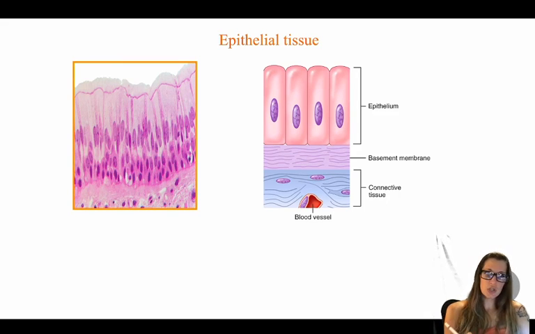And the structure of the epithelial tissue is such that there's this outer part right here, the epithelium. And the epithelium faces, I think you could think of it as out. So this part out here, if we're talking about skin, would be the external environment.